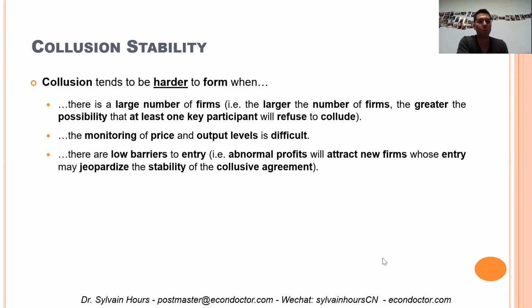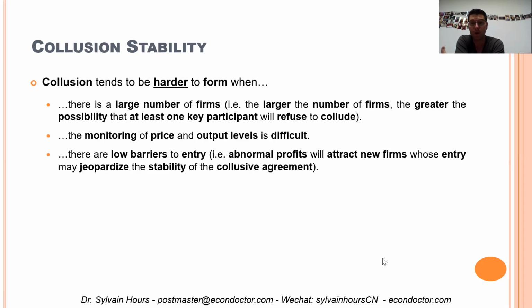Another example is a market where there are low barriers to entry. If there are low barriers to entry, of course, if we collude, we will make more profit than if we were competing. And this extra profit will attract new firms into the market. And we don't know if these firms will be willing to join the collusive agreement or not.